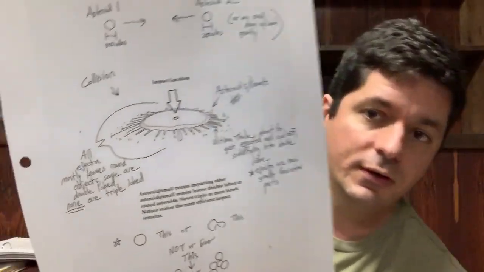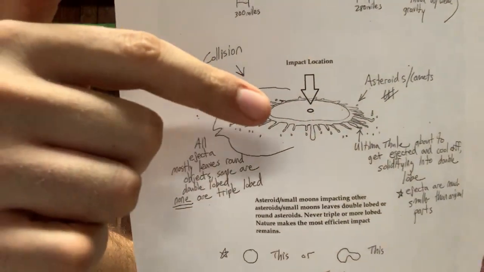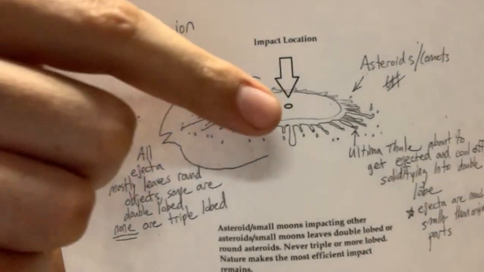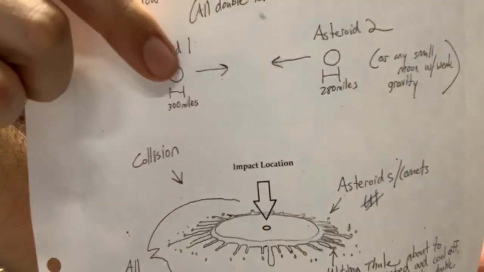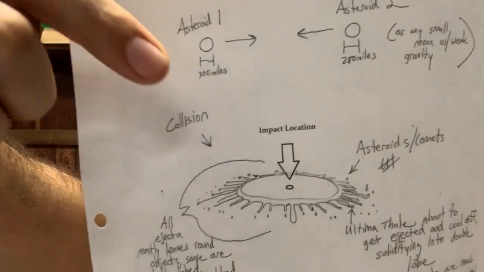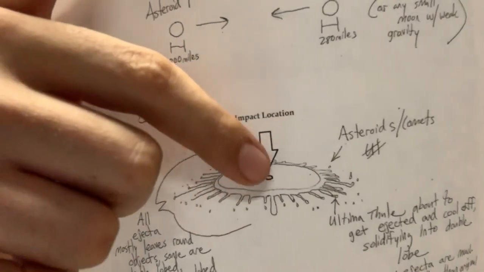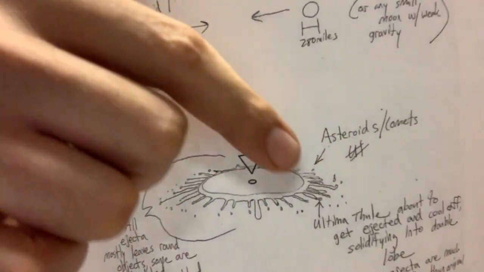What it actually is, and the Vixra paper is yet to be uploaded, is the remains of an impact. So here's the impact area. You have two objects like 300 miles and 280 miles wide. They impact each other, and it's just like a water droplet splash.